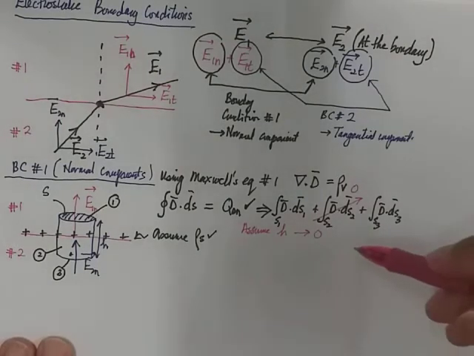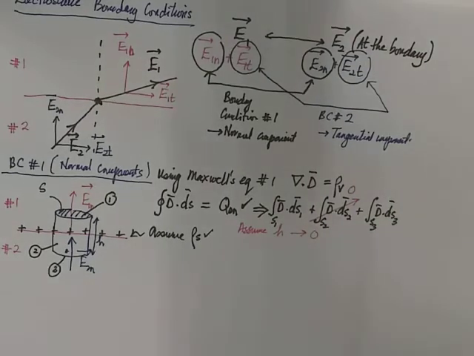Therefore, that particular term, dS2, is going to be ignored, because in this model we're just focusing on the normal component, ignoring the tangential component of the boundary field.